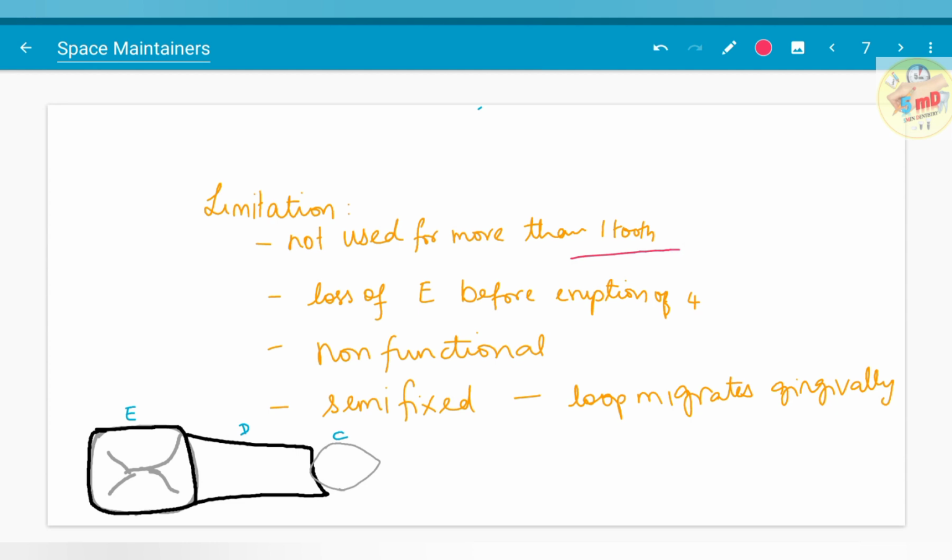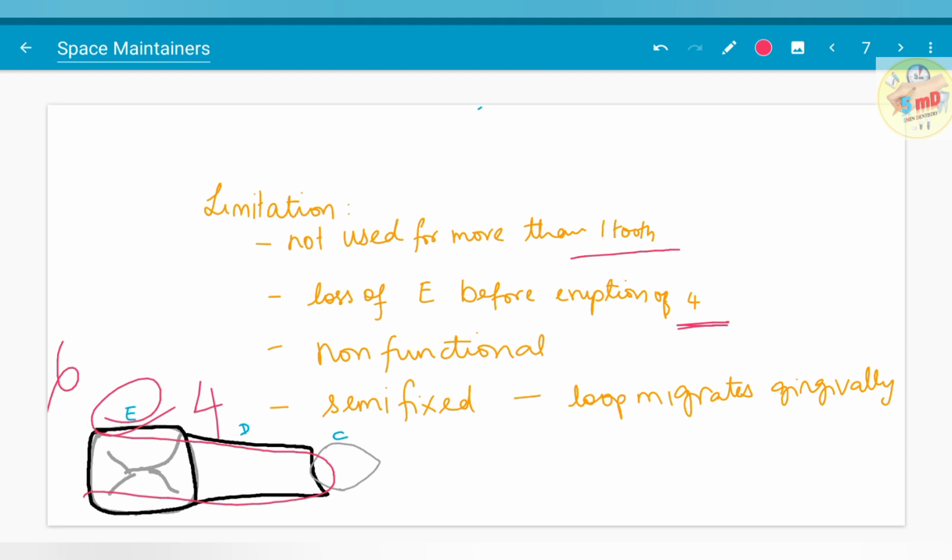Even if it is used, it does not give very good results. And in loss of E before the eruption of 4, in cases when E is also lost but 4 has not erupted yet, you cannot use it as a support. Even if 6 has erupted, the loop will be a really long one to use.